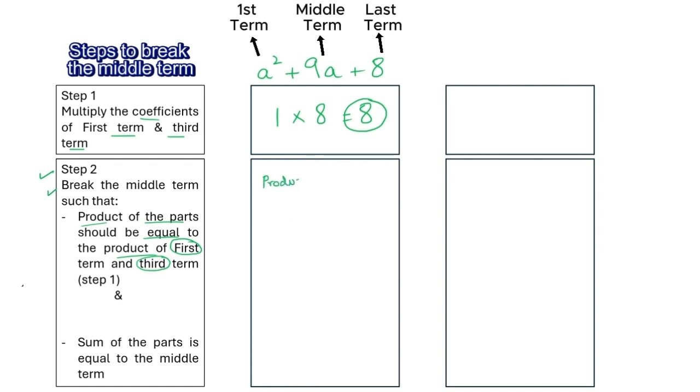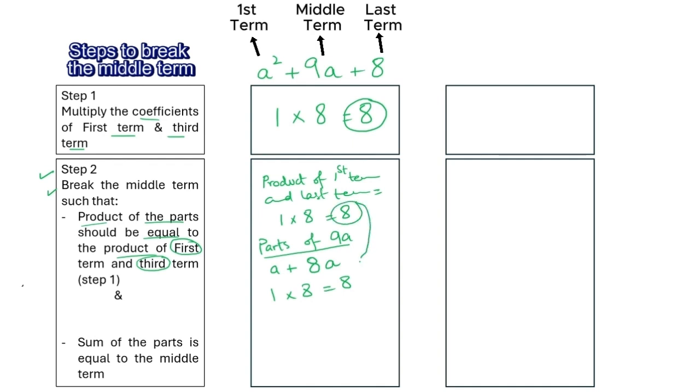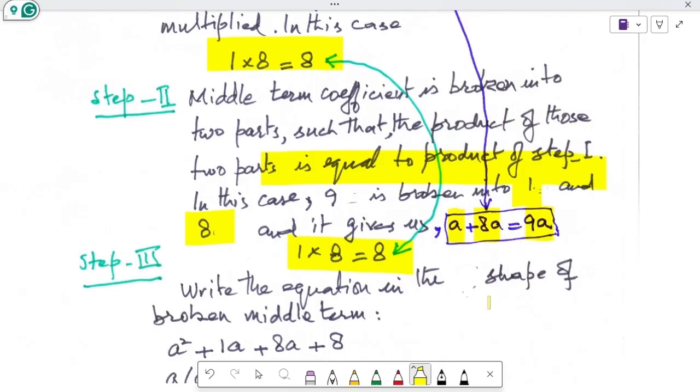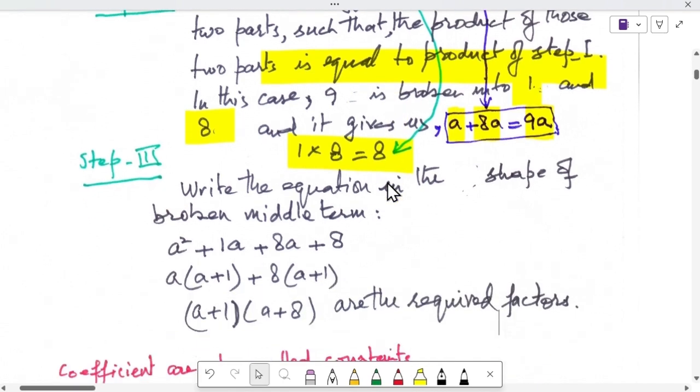So if you look at this, I have broken it into a and 8a, and if I add a plus 8a, it becomes equal to 9a, which is equal to the middle term. So our step 1 and step 2 are completed.